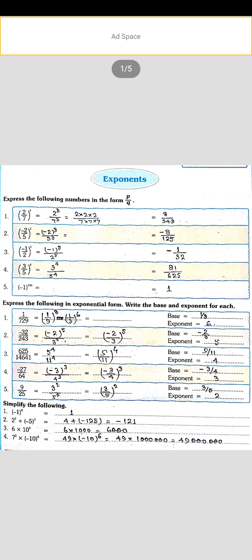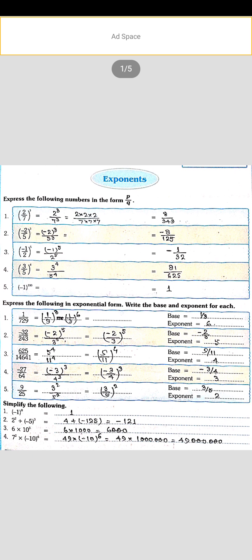Question number 3, 625 by 14,641. First of all, find the prime factors of numerator and denominator. Prime factors of 625 is 5 into 5 into 5 into 5, 5 multiplied 4 times, and prime factorization of 14,641 is 11 multiply 11 multiply 11 multiply 11, 4 times.